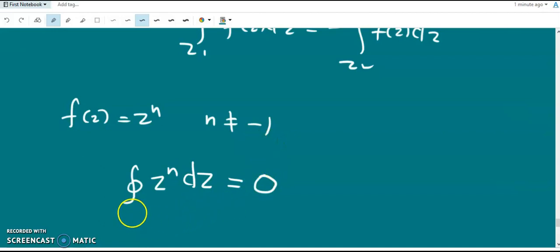So whatever be the contour, C is a circle or if C is a rectangle, this integral is 0. We have found it. And this integral is 2 pi i when n is minus 1.